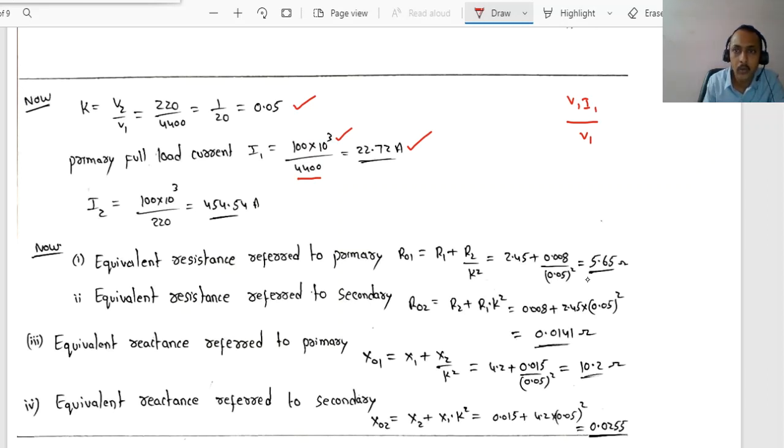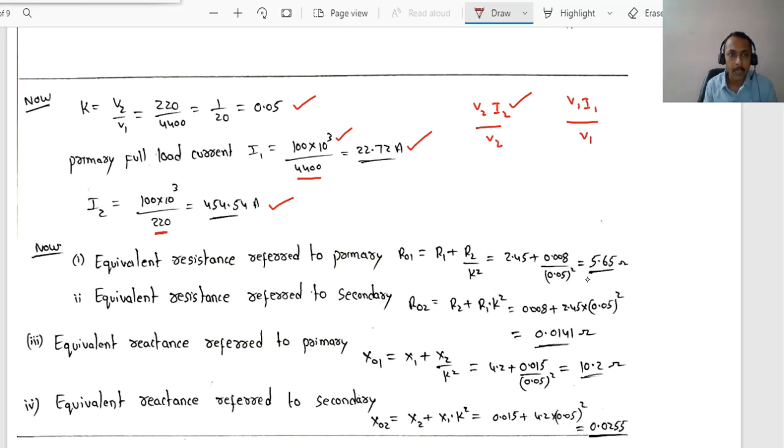Similarly I2, the same power will be available across the load. V2 I2 divided by V2. So I2 equal to same power divided by V2. This is the secondary current, 454.54 amps.